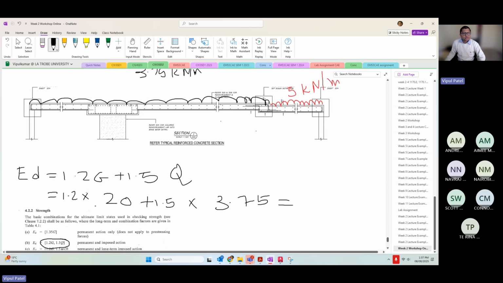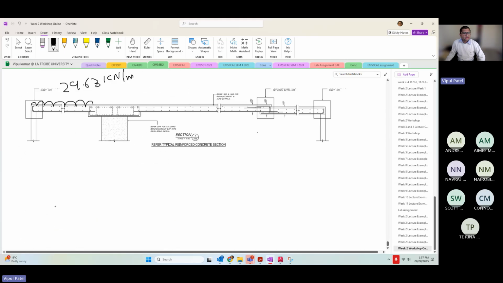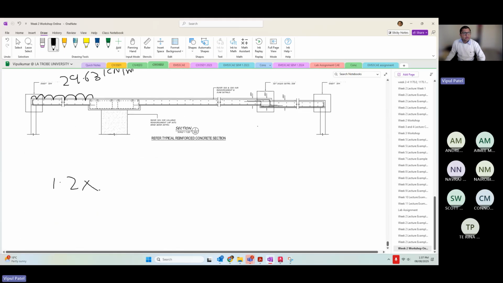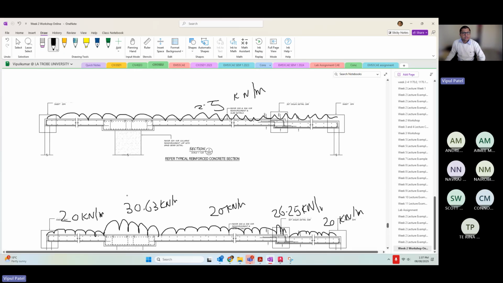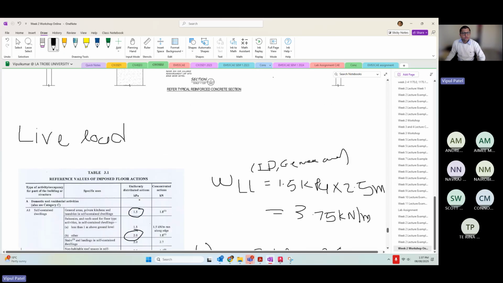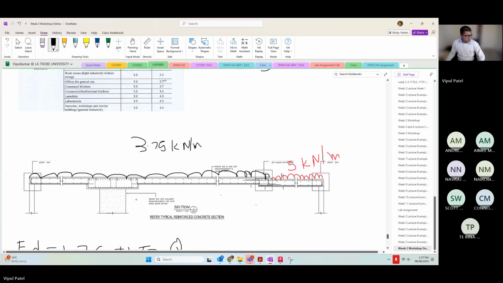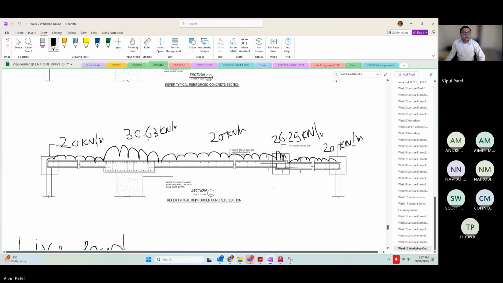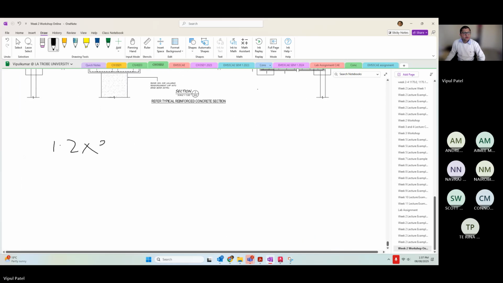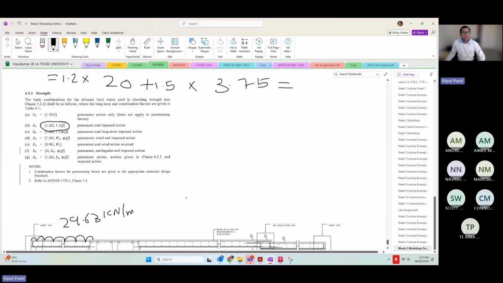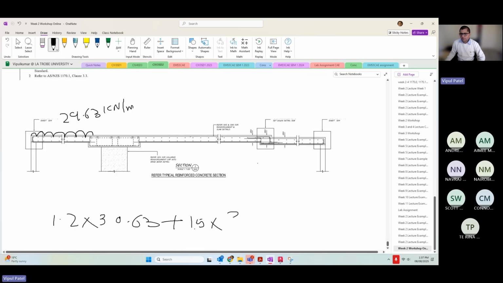The next one is 1.2 multiplied by the dead load, which is 30.63, plus 1.5 multiplied by 3.75.